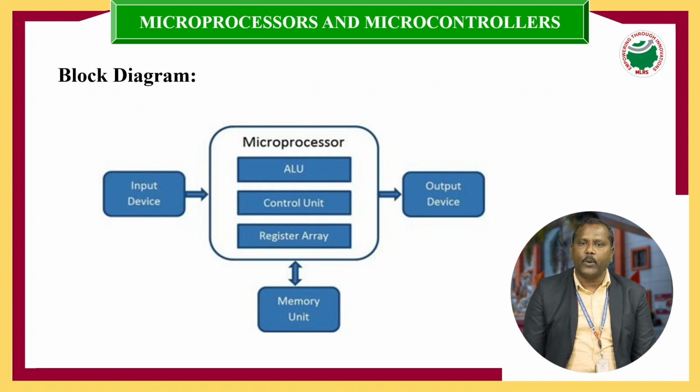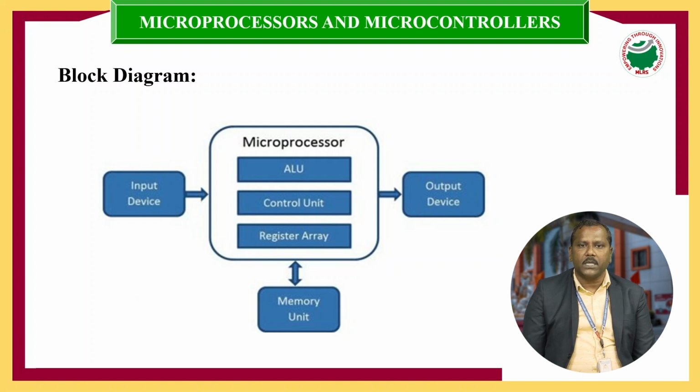Next component is control unit. Control unit is used to control the instructions during the program execution. Next, third one is register array. Registers are used to store the temporary results. Different registers are available in 8086 and these are the main components. Next, input device, output device and memory. In microprocessor, these are all connected externally.